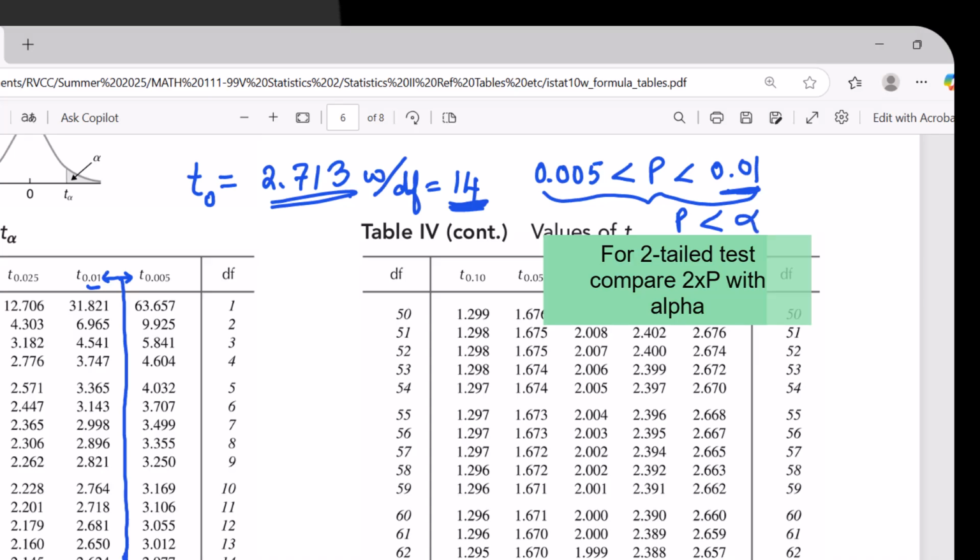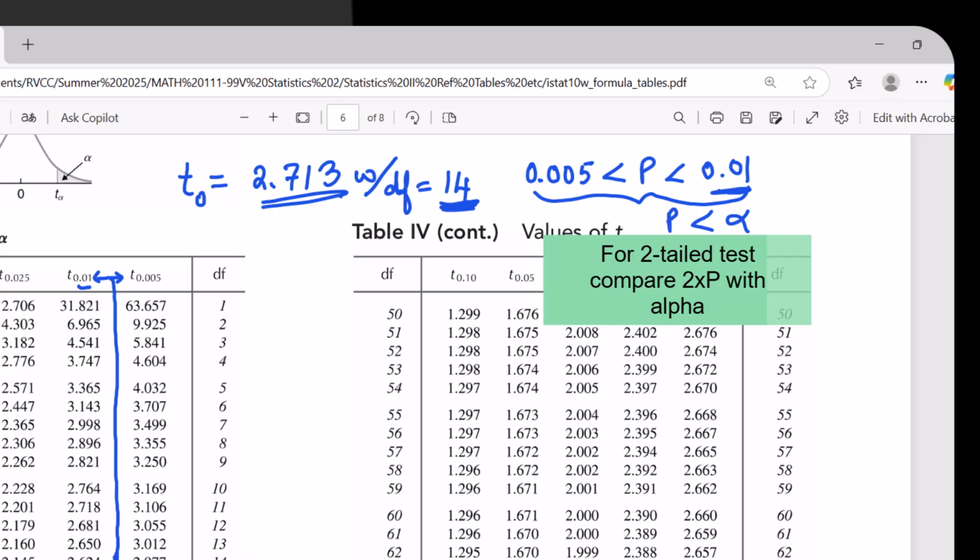If it's less than alpha, we reject. If it is not less than alpha, then we do not reject. That's the decision. But if it's a two-tailed test, make sure that you are multiplying whatever p-value you found by 2, because in a two-tailed test, the p-value will be spread between the two ends of the curve.